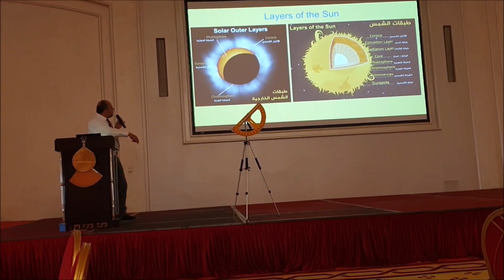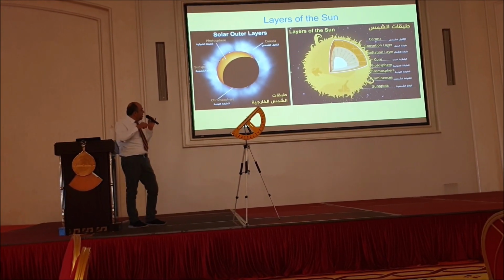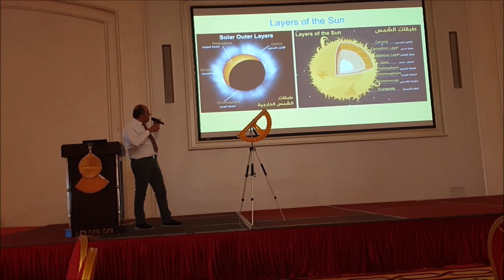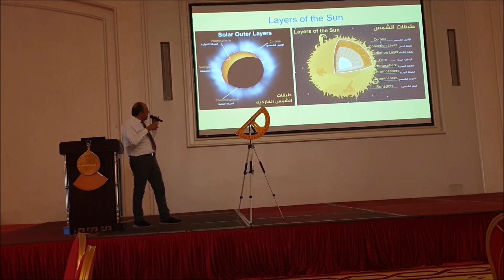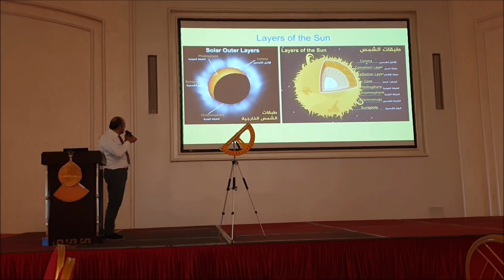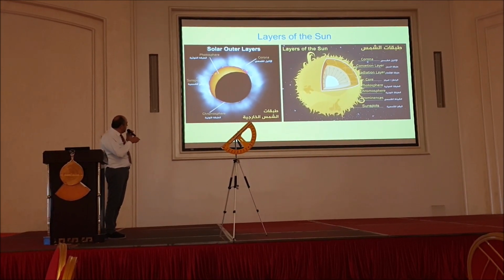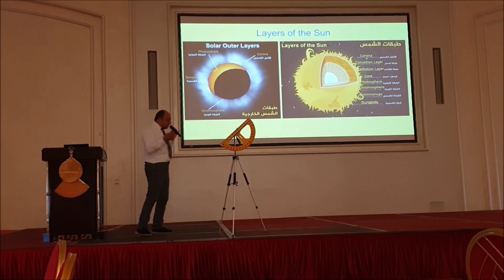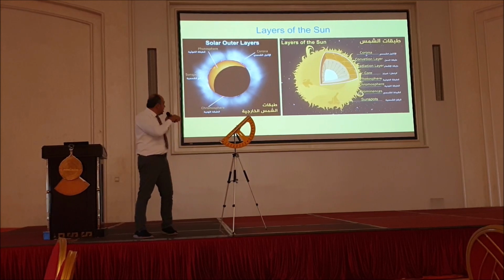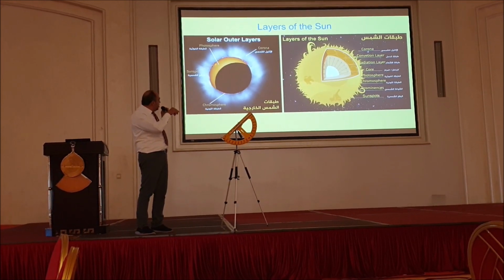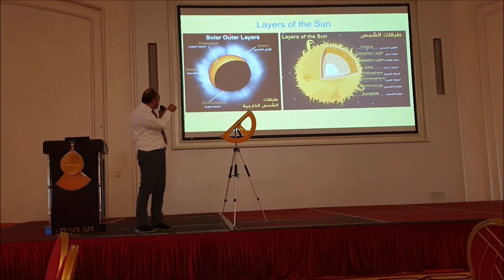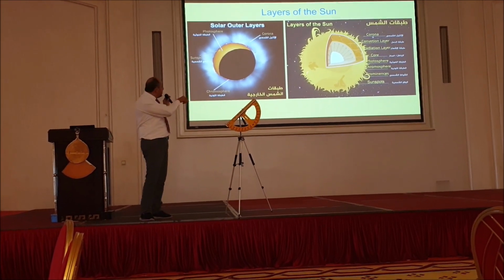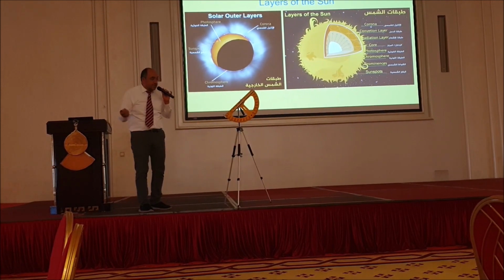It is made of three inner layers: the core, the radiation layer, and the convection layer, and the outer layers are the photosphere, chromosphere, and corona. The hottest layer, actually, is the core, and then the corona. The corona is between 2 and 4 million degrees, compared to the photosphere, which is 6,000 degrees.